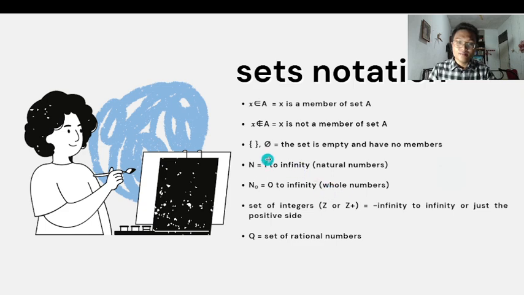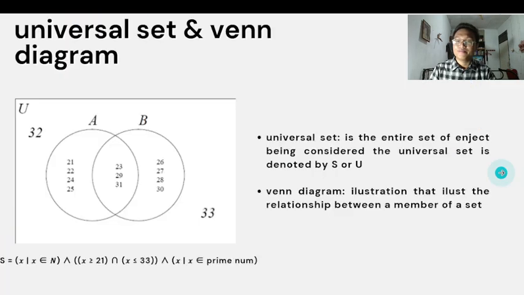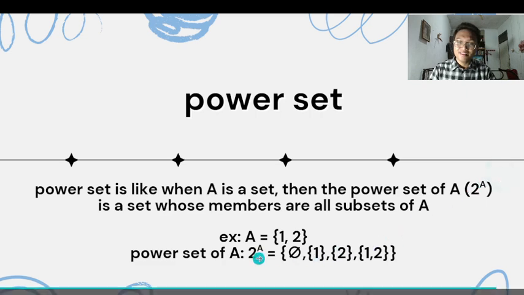In this symbol, the set is empty and has no member. So when writing a power set, this is also included, even if the set has members. Then we go to {1}, {2}, and {1, 2}. So we take each member of the set individually.